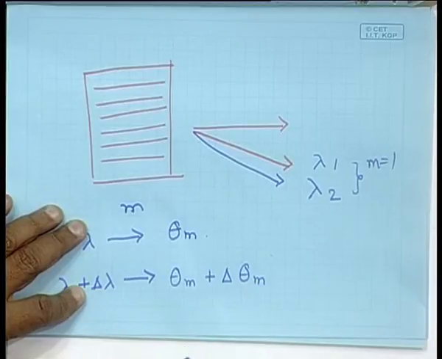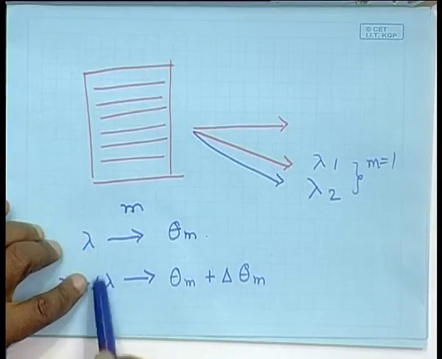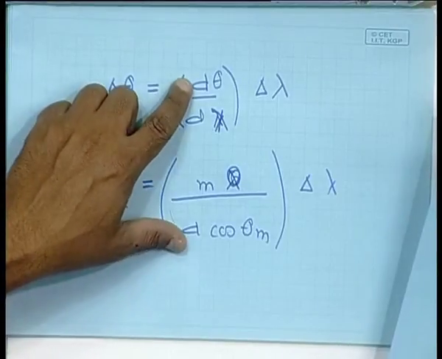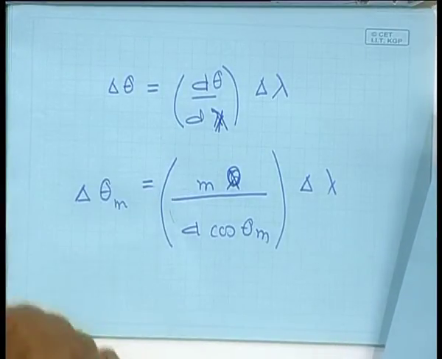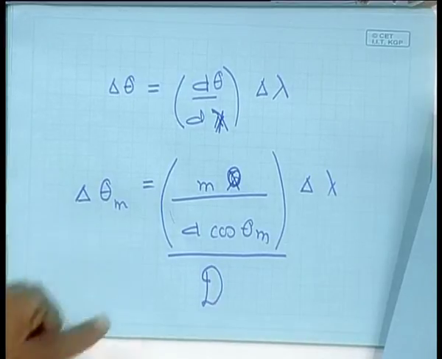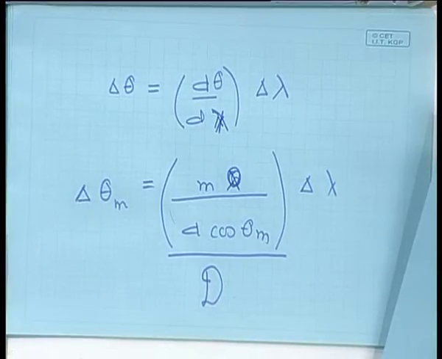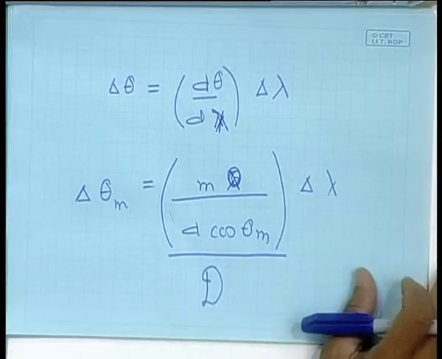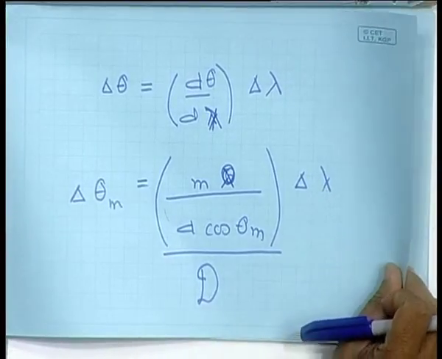The maxima is going to shift by an amount which is proportional to delta lambda, and this constant of proportionality is d theta by d lambda. This is what is called the dispersive power of a grating. It tells us how much the angle at which the maxima occurs is going to shift if I change the wavelength by a slight amount.